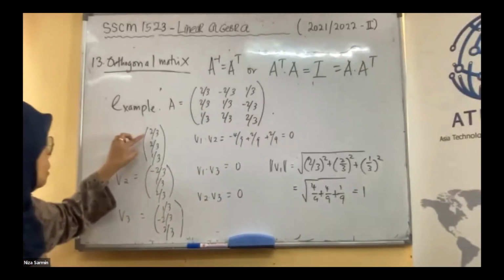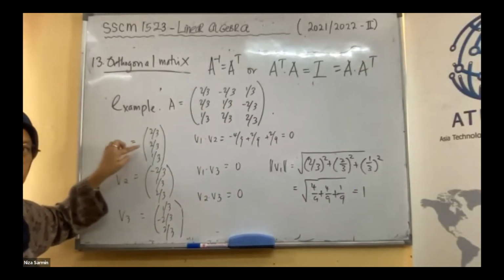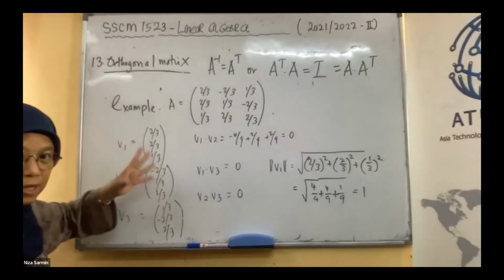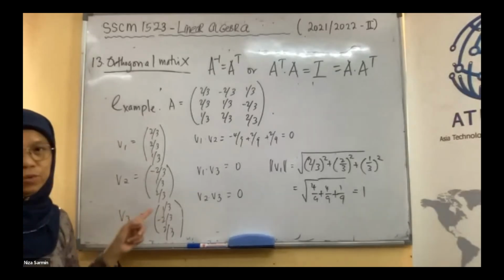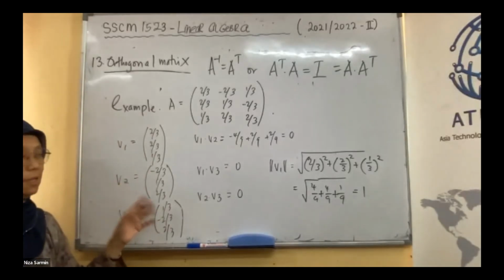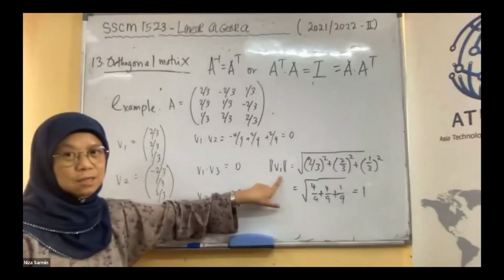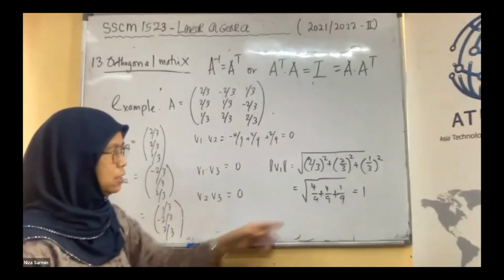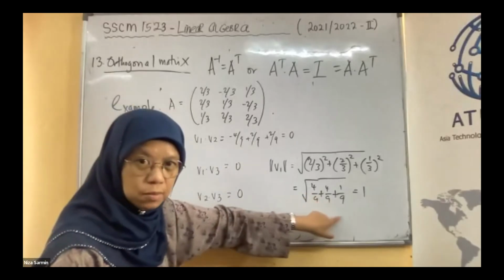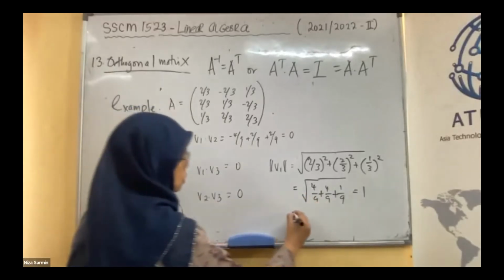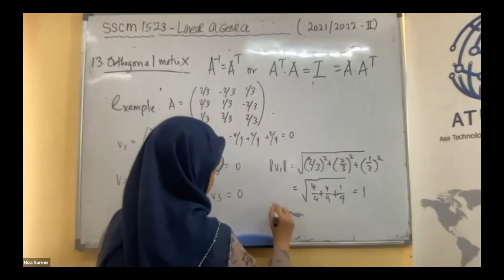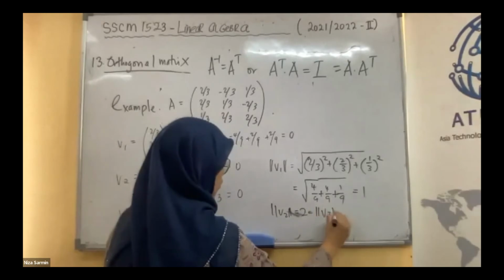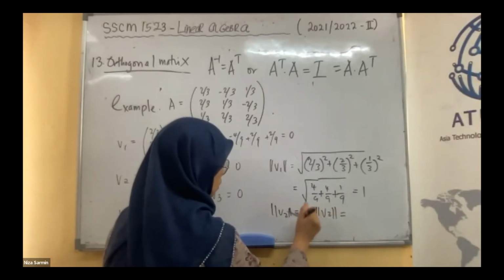And you see that the others are 2/3, 2/3, 1/3 with plus or minus. So it's exactly the same method, because positive and negative, when you square, you get the same value, right? So all of them, you will get this value, and you have to show also that V2 is equal to 1, and also V3 is equal to 1.